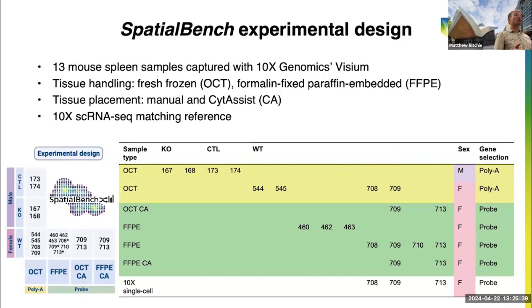But in the meantime, what did work really well after we got through the bluing buffer bubbling problems was there was lots of Visium data across the range of different tissue genotypes, male and female samples, and across all the different ways of preparing these tissues, from fresh frozen or OCT, as denoted in this table, with or without the special instrument that you get from 10X, which is a CytAssist, which is denoted by CA on these slides, which helps you position the tissue on the slide and basically get the highest quality data you can.